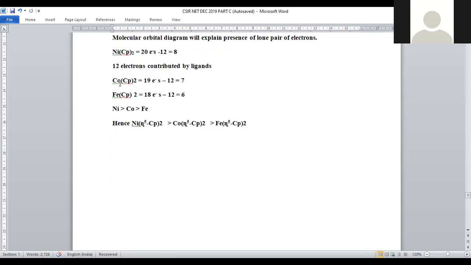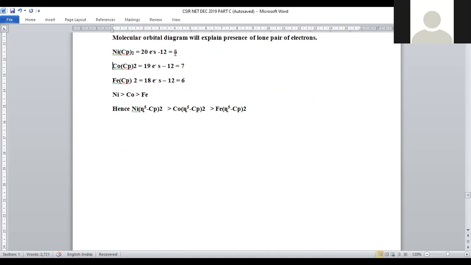Now let us see Co Cp2. So 20 minus 12 is equal to 8. The number of unpaired electrons in the nickel complex will be 8.